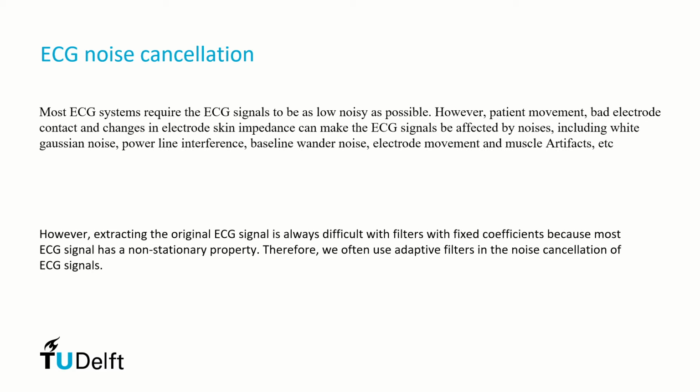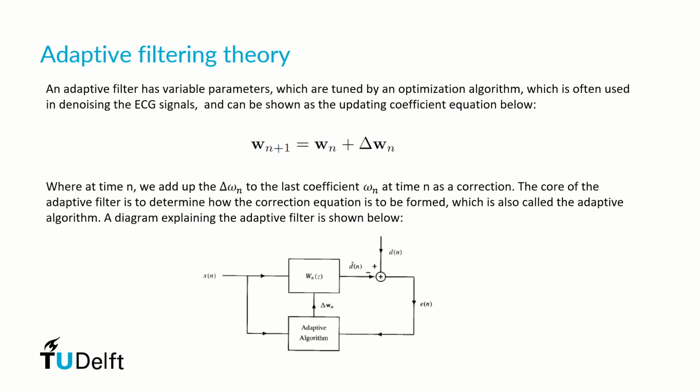However, extracting the original ECG signal is always difficult with filters with fixed coefficients because the noise added to the ECG signal often has a non-stationary property. Therefore, we often use adaptive filters in the noise cancellation of ECG signals.